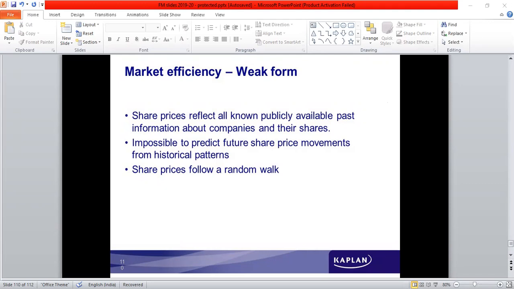Once information is received, based on that, the demand for the securities rises or falls. When there is a rise in the demand for the securities, the price also rises, because more investors are interested to buy. When there are more investors to buy the securities, the price rises.